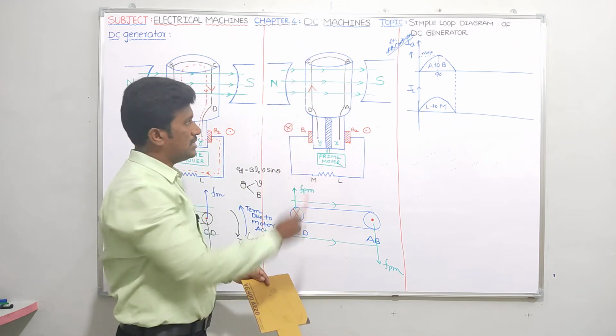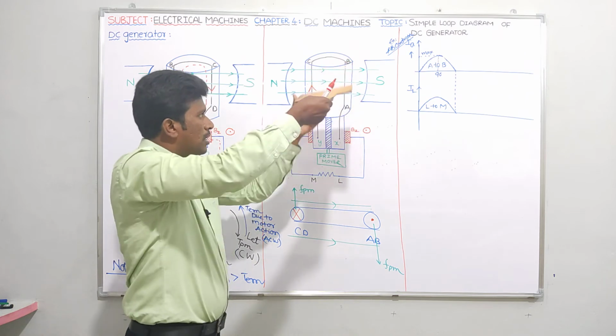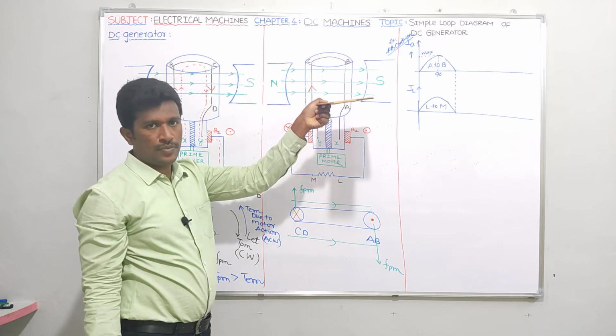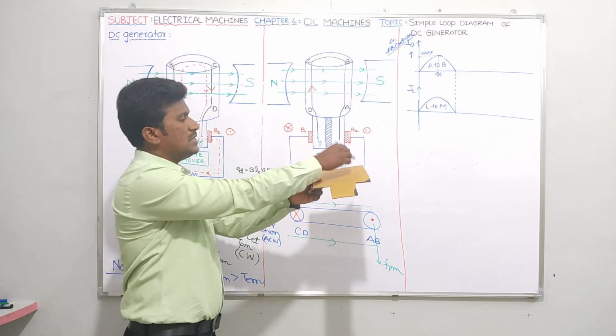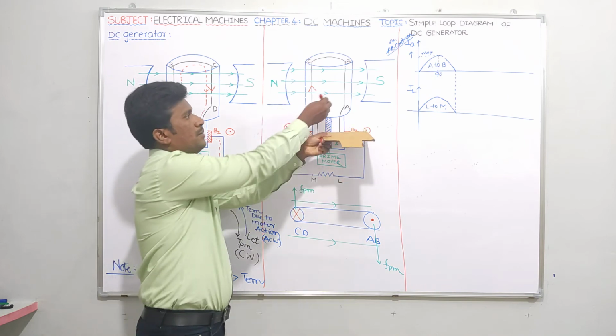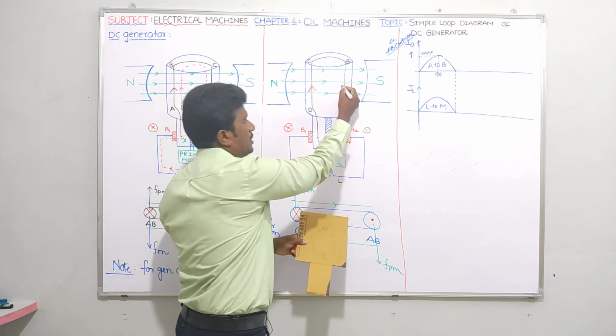Don't get confused once again by this upward arrow mark. This upward arrow mark becomes into the board if you place your coil like this, okay? And similarly, at AB you are getting dot. So AB is this conductor. Dot means coming from the board. Coming from the board, it is coming towards you. Towards you means the arrow mark should be downwards.